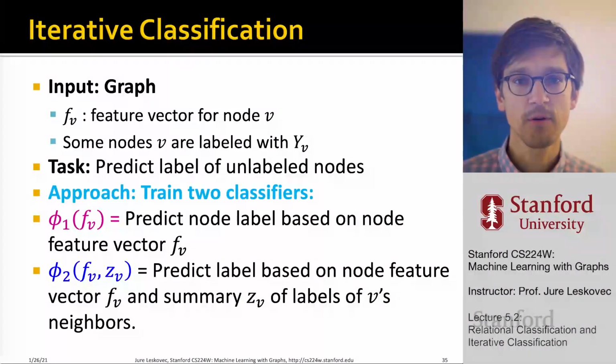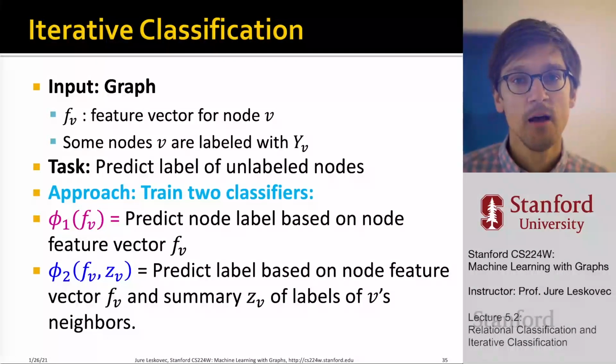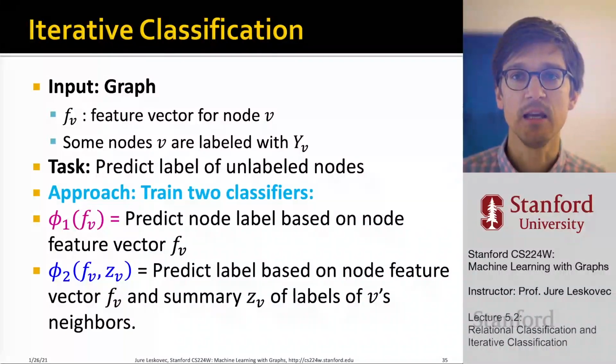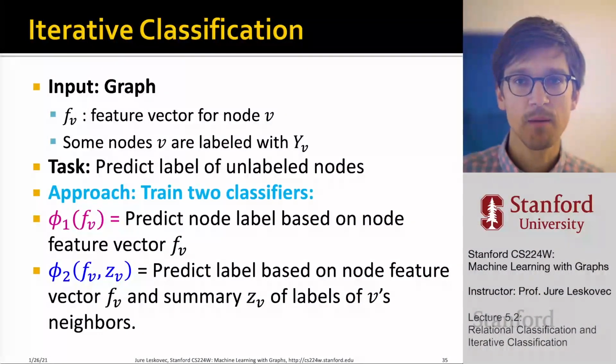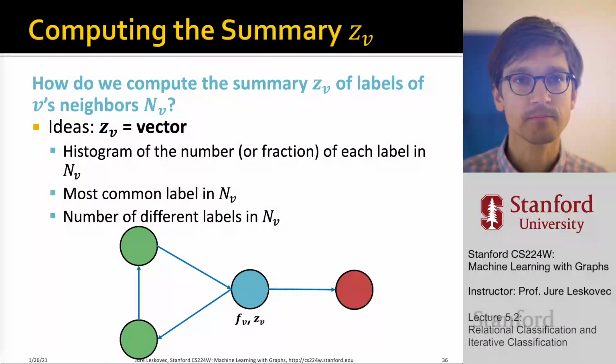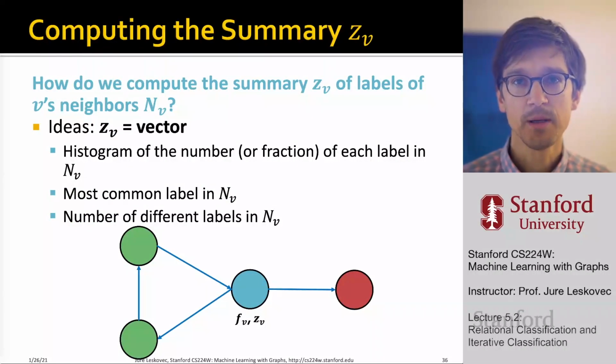One is the feature information captured in this feature vector F, and also the labels of its neighbors captured in the vector Z. And this way, this approach will now be using both the feature information as well as the network information.